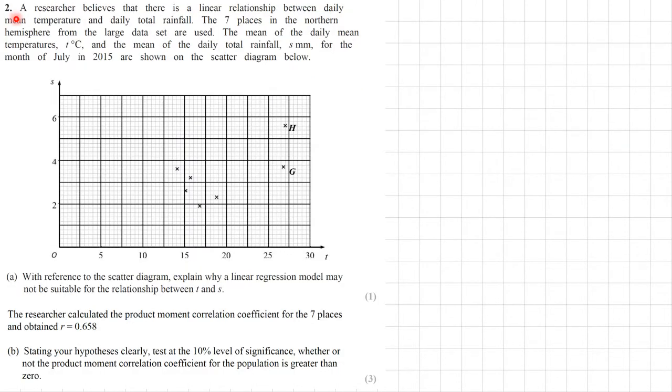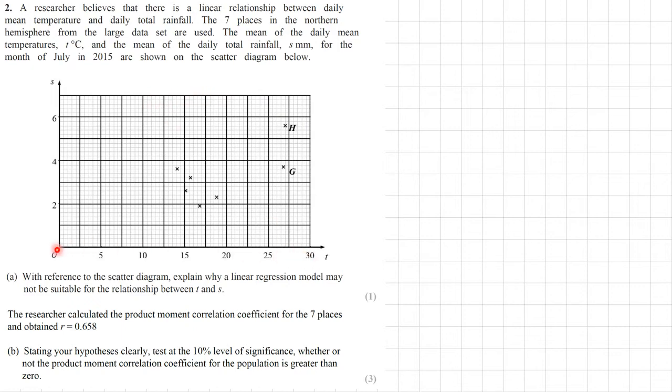Question 2. A researcher believes that there is a linear relationship between daily mean temperature and daily total rainfall. The 7 places in the northern hemisphere from the large data set are used. The mean of the daily mean temperature T and the mean of the daily total rainfall S for the total month of July in 2015 are shown on the scatter diagram below, and that's this diagram here.